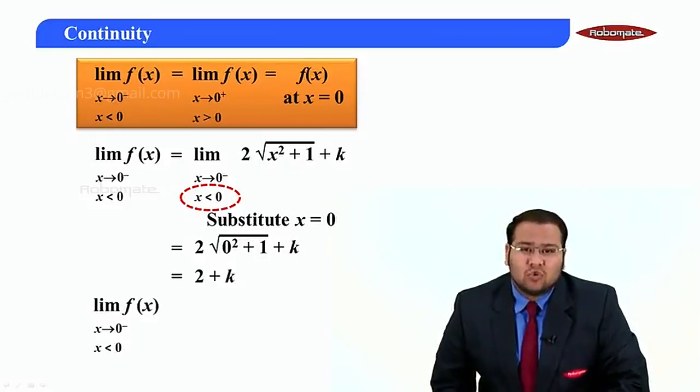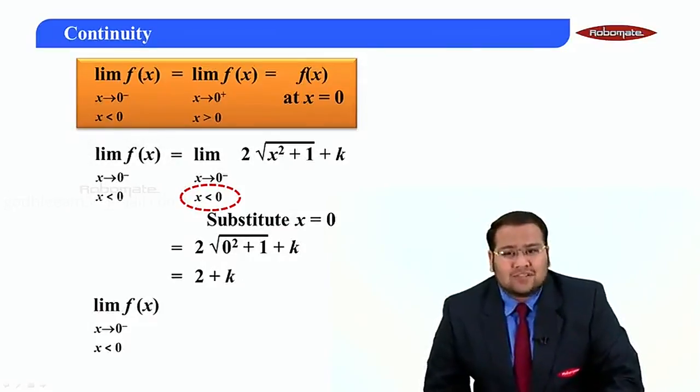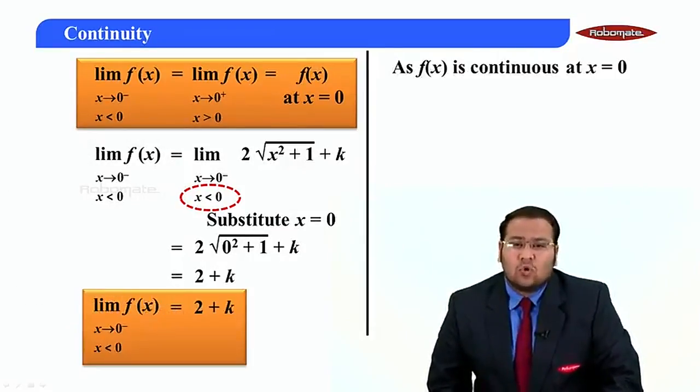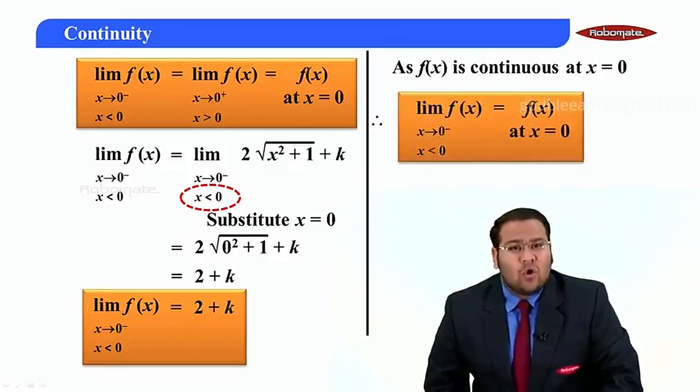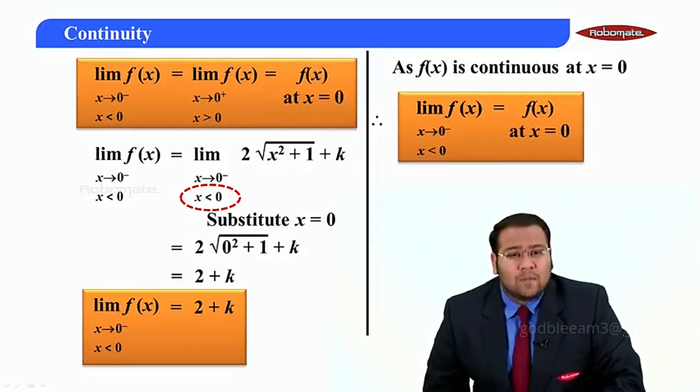Hence the answer is 2 plus k. So I can say that limit x is tending towards 0 minus f of x is equal to 2 plus k. As f of x is continuous at x equal to 0, we already know that the 0 minus condition is equal to the f of x at x equal to 0.